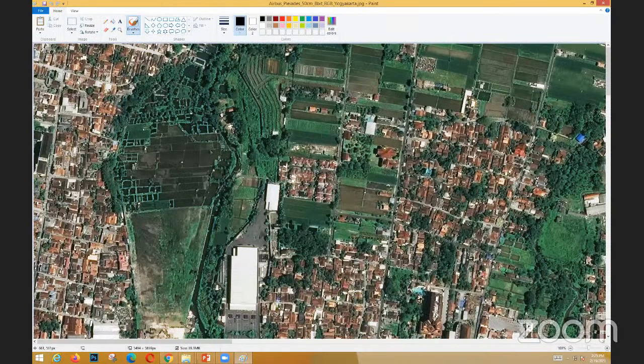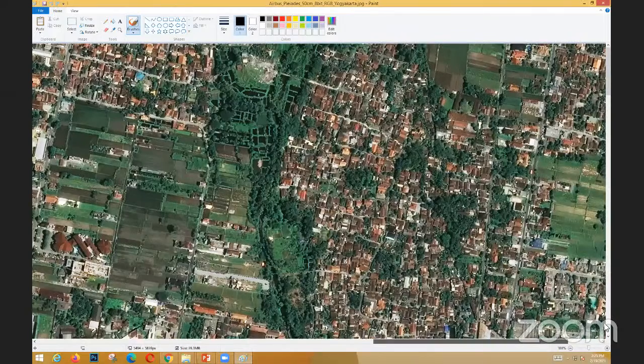Now please see here, the same image I've opened with Paint. If I want to see the whole content of this image, I need to use this scroll bar here. Please observe it here. And even towards down also I am scrolling. Now this is a 5000 by 5000 image.